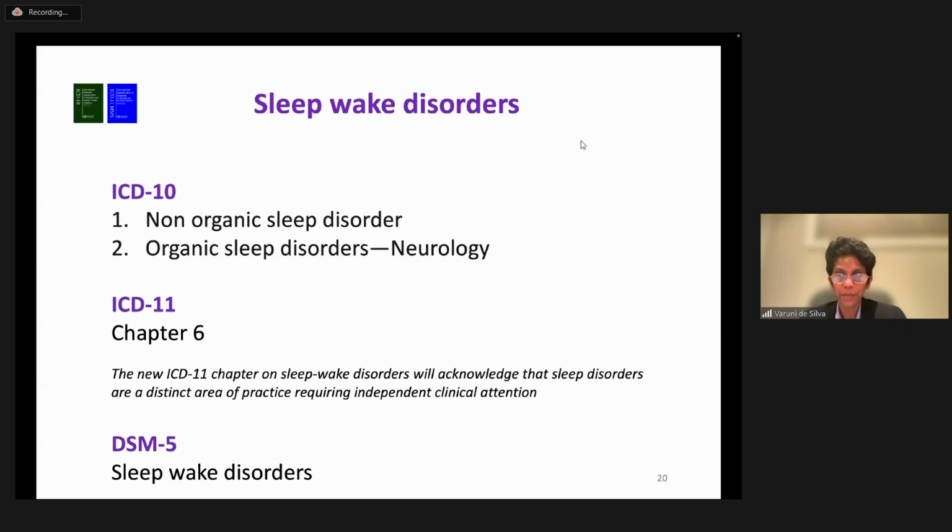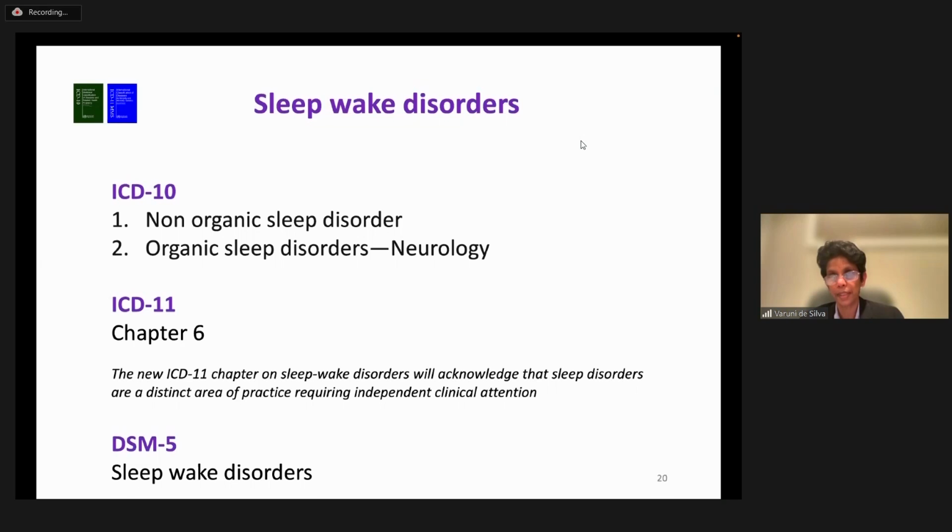I remember Professor Samarasinghe teaching us, saying that in the future, when they start discovering the organic basis for conditions, they will start taking it out of the mental and behavioral disorders and start putting it into neurology. I think it's already happening. And what the ICD states is the new ICD-11 chapter on sleep-wake disorders will acknowledge that sleep disorders are a distinct area of practice requiring independent clinical attention.